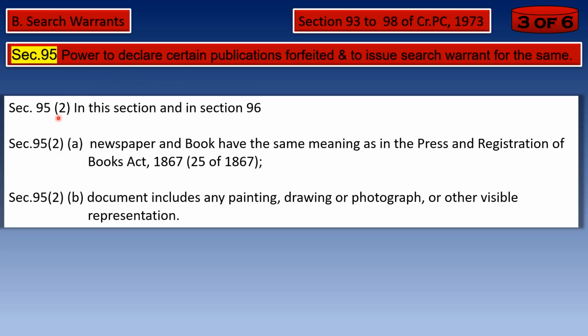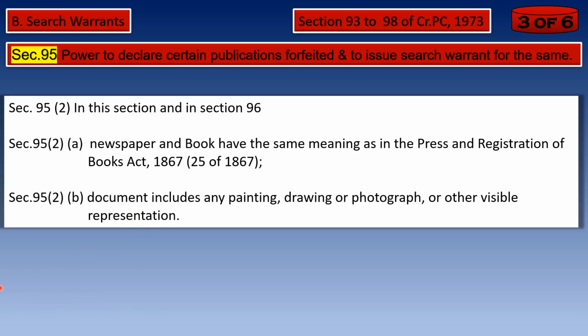Subsection 2 of section 95 explains that in this section and in section 96, which is the next one, clause A says newspaper and book have the same meaning as in the Press and Registration of Books Act. And clause B of subsection 2 of 95 explains the document: that document includes painting, drawing or photograph or other visible representation.